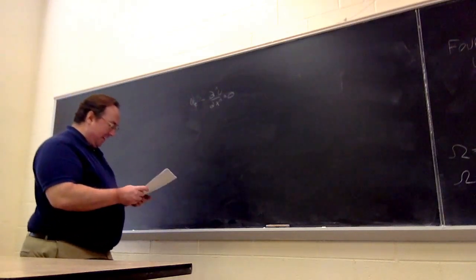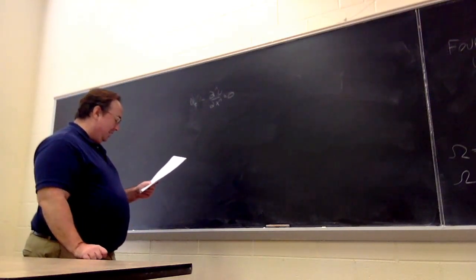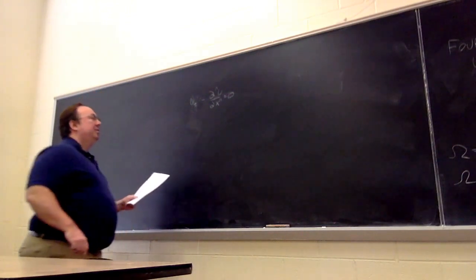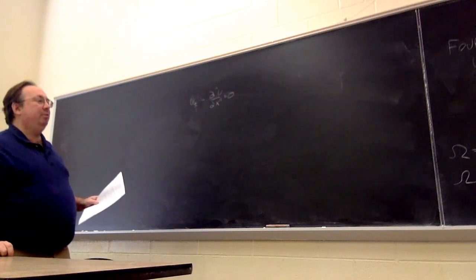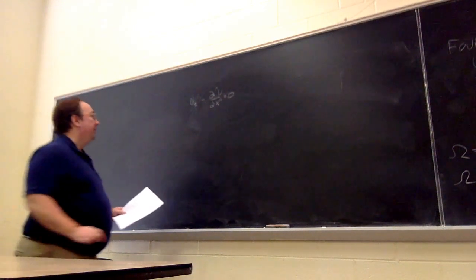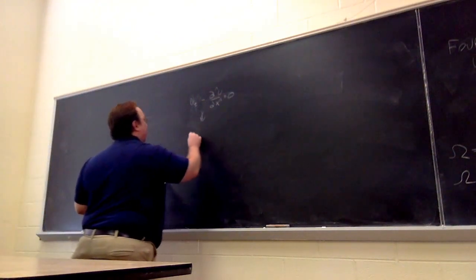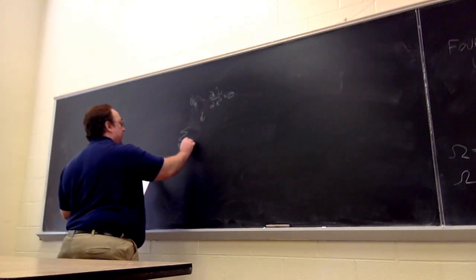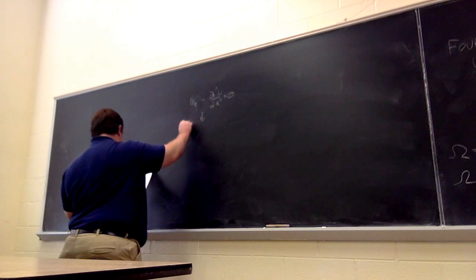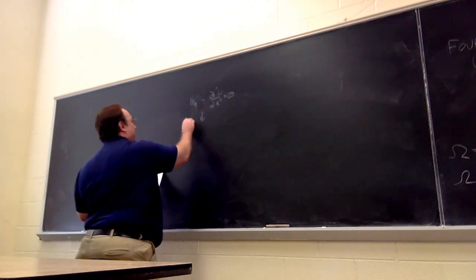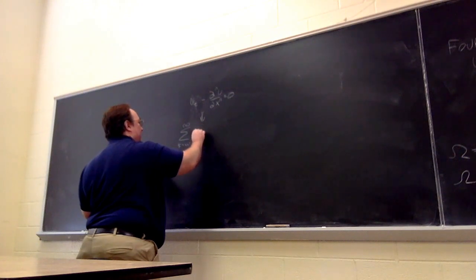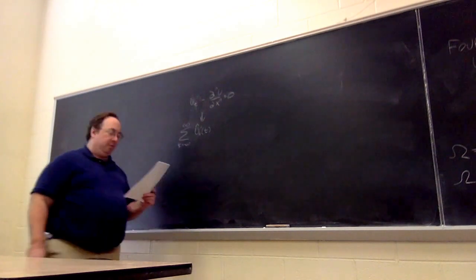All right. Now what I can do is substitute the Fourier series representation in for u, and then I have the sum. Now we have an ordinary derivative of the Fourier coefficients.